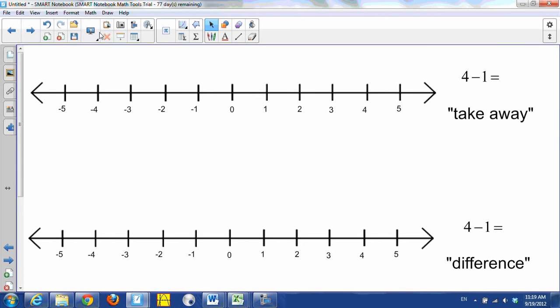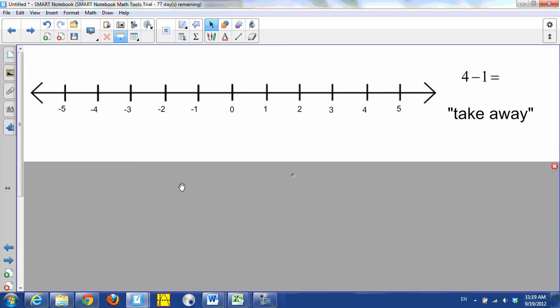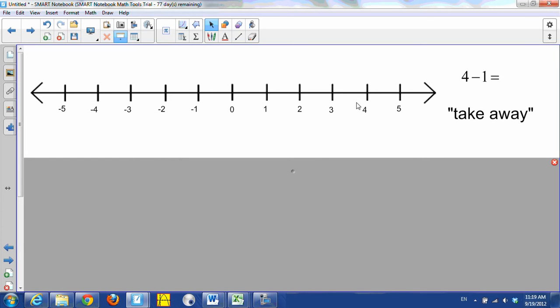Okay, first of all, let's focus on the takeaway perspective, which you are already familiar with. So, say you have 4 minus 1, say you have 4 of something, and you take away 1, then you walk backwards on the number line 1 space, and you end up at 3.